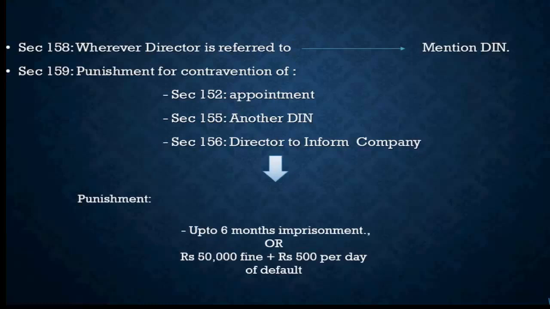And if he holds another DIN, again the penalty of rupees 500 per day would be attracted until he disposes of the other DIN. And if he had to intimate it to the company within a period of 1 month and he does not do so, rupees 500 per day would be attracted till the date he intimates it to the company, right? So that is the meaning of this punishment.